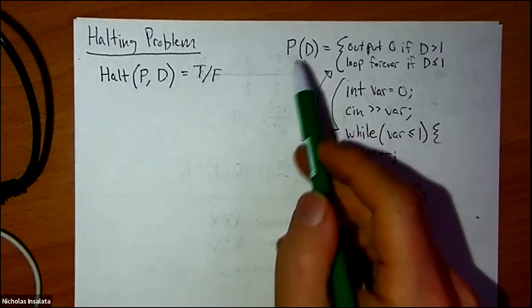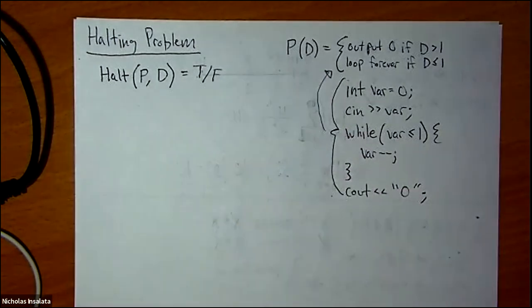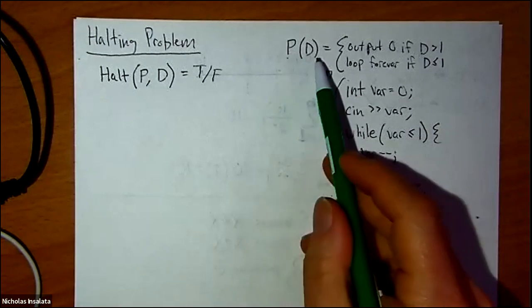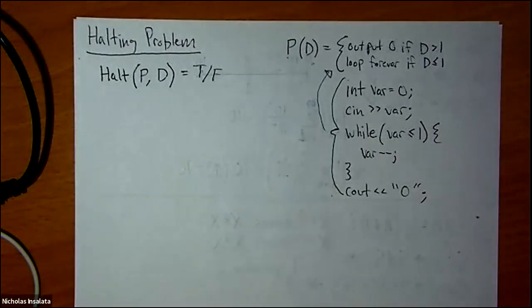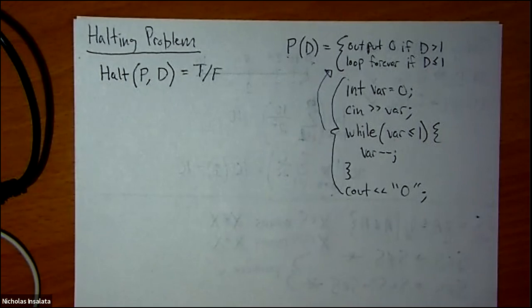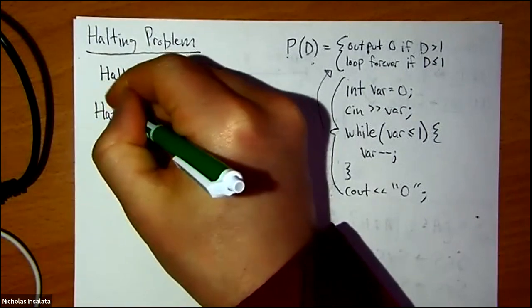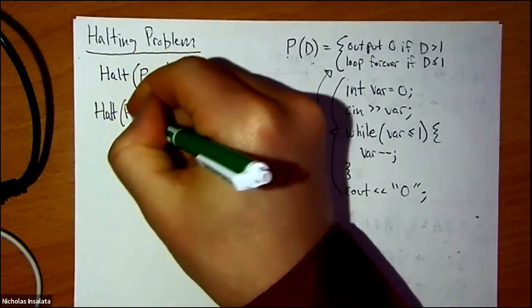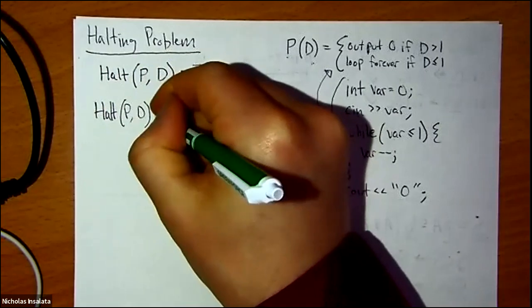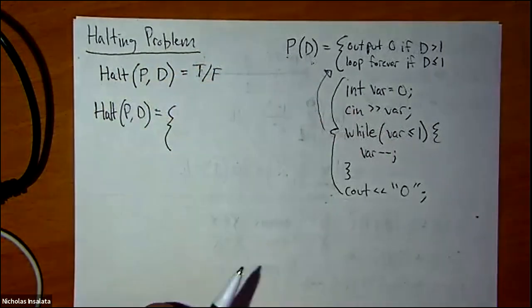Okay. So we have a program. It runs on some data. That program may or may not halt, depending both upon the program and upon the data that you feed to that program. Cool. Okay. So here's how my halting function is going to work. Halt of a program running on some data is defined as follows.